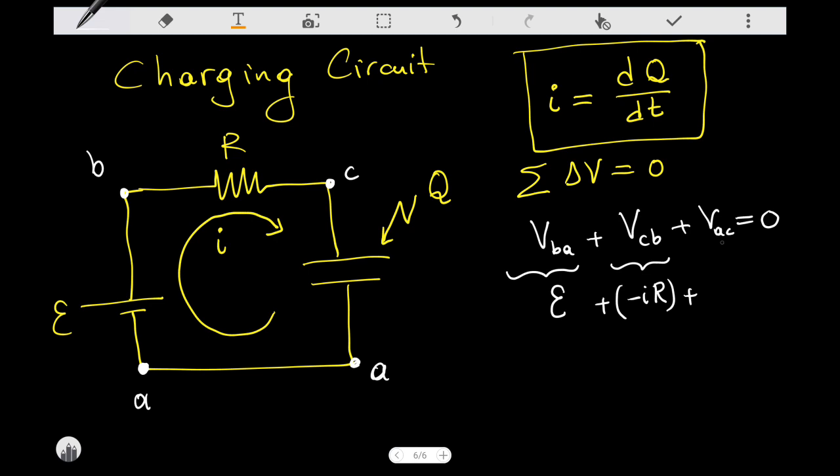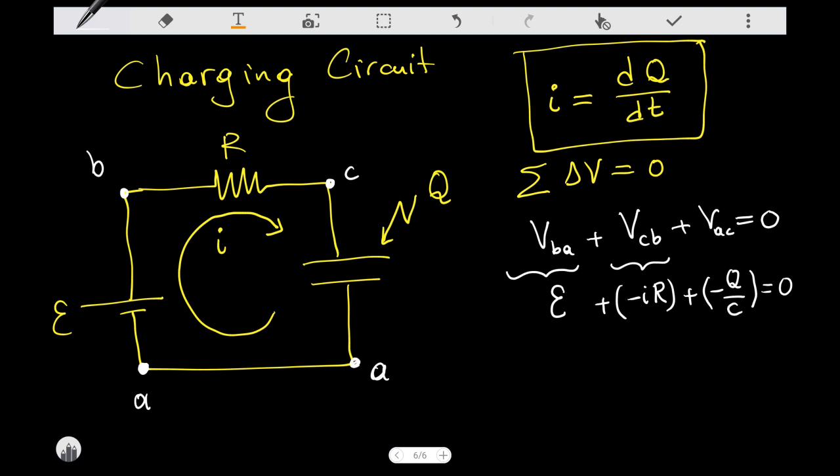And finally, VAC. Again, I'm going to think of this in the same way. If the charge is positive, in that case, C will be at a higher potential than A, right? So therefore, VAC would be negative. So if Q is positive, that quantity should be negative. So therefore, I put a minus sign in front, right?